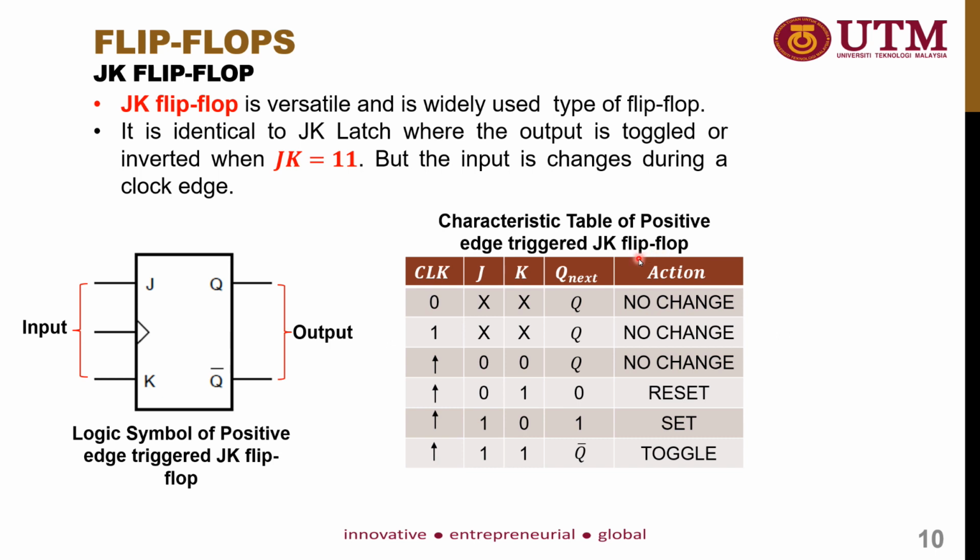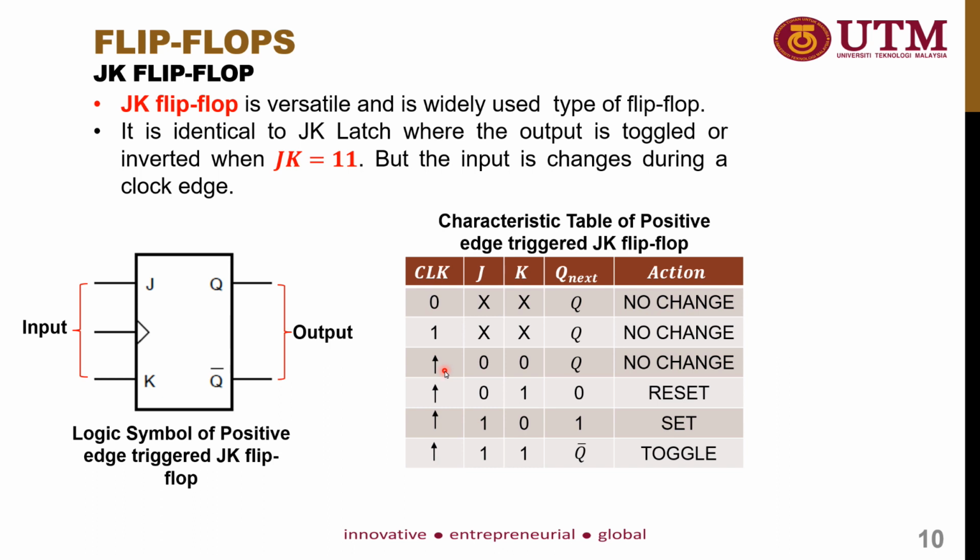As I have mentioned before, if the clock signal is constantly becoming 0 and 1, it doesn't matter what the input of J and K is, because the output will not change. The output of the positive edge triggered JK flip-flop will only change during the rising edge.